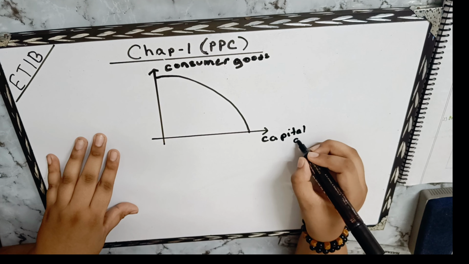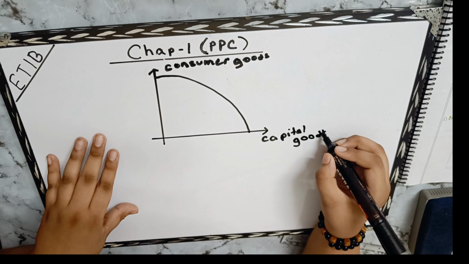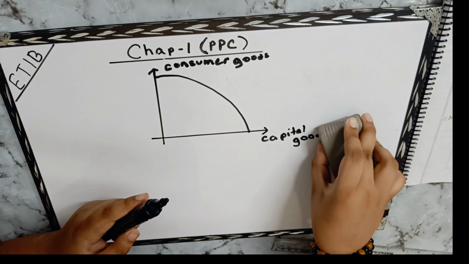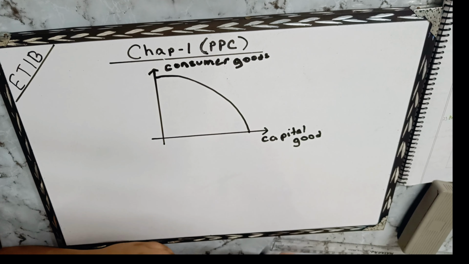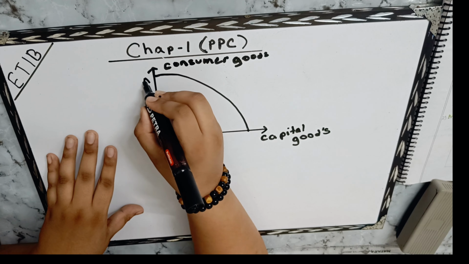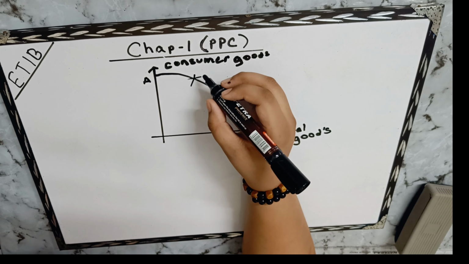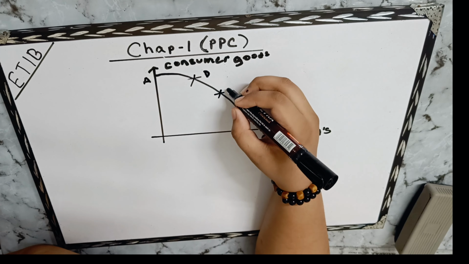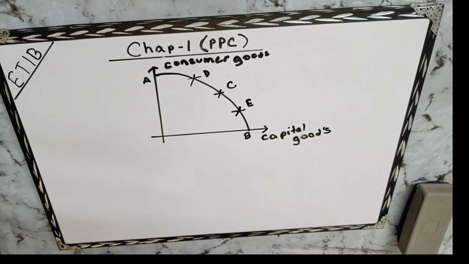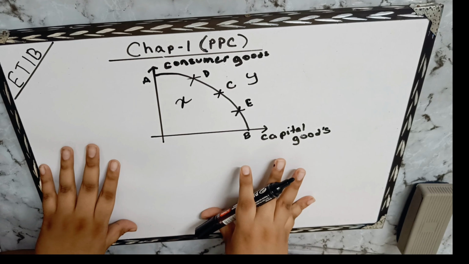We wrote agricultural goods and non-agricultural goods, but in economics we can write either agricultural or non-agricultural goods, or we can write consumer or capital goods. So let's point out: this would be our point A, this would be our point B, and let's mark point D here. Let's add point C, and point E, point X here, and Y here.